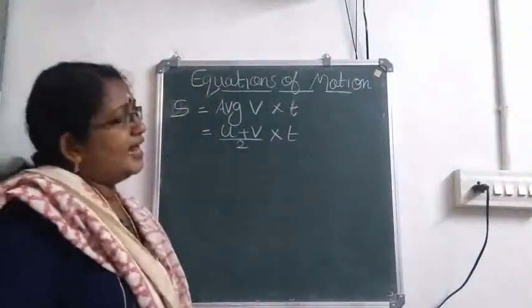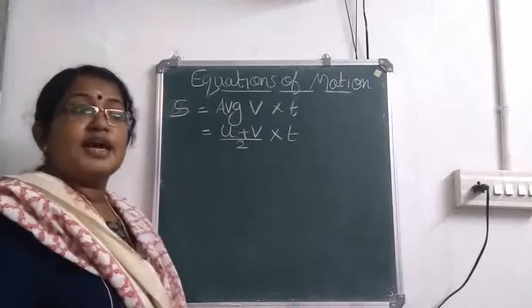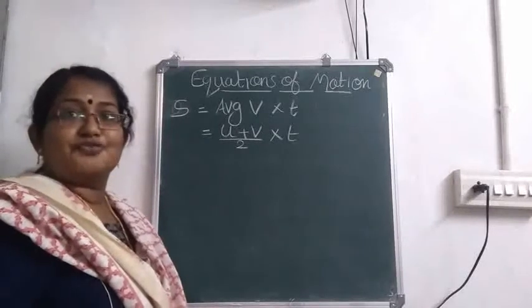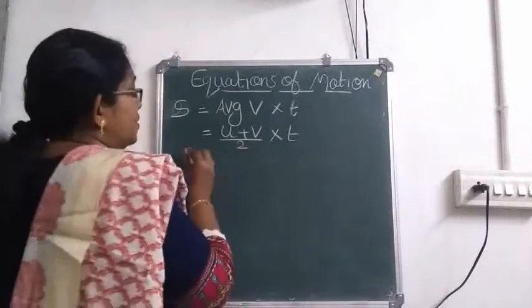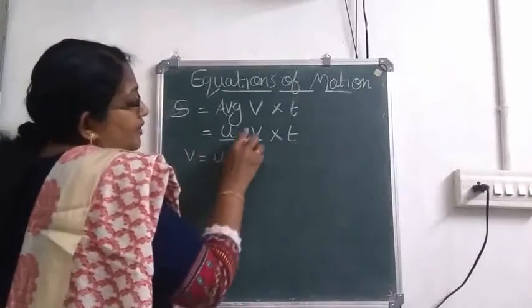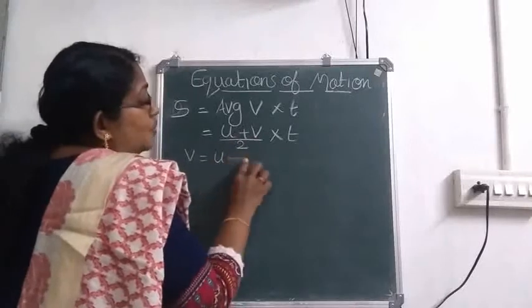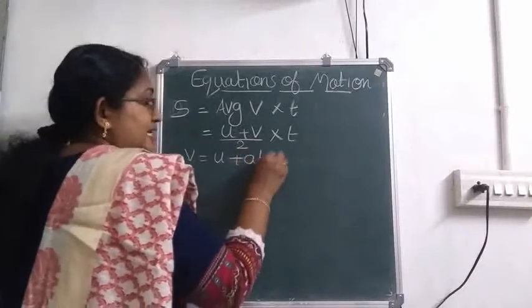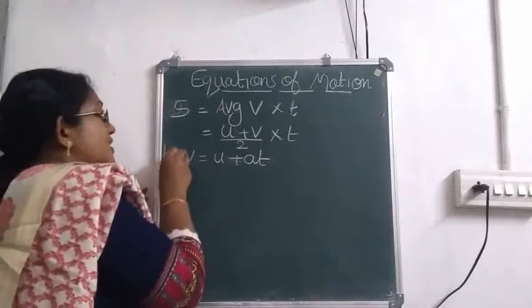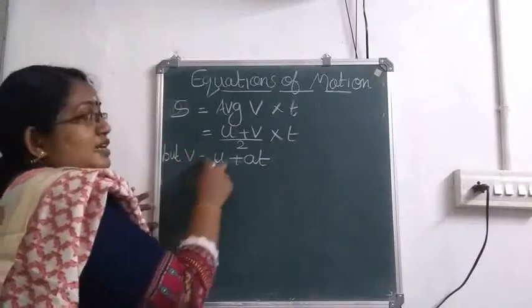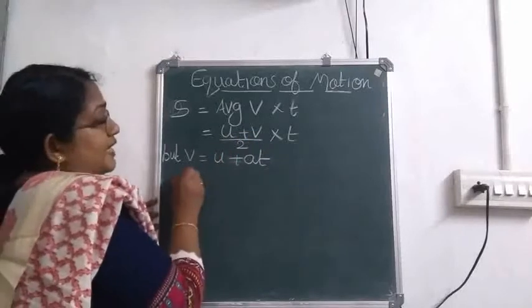Okay. Now, the next thing is we are going to substitute the first equation of motion here. What is our first equation of motion? We know that v is equal to u plus at. Okay. So, I am going to substitute this instead of this v. Okay.